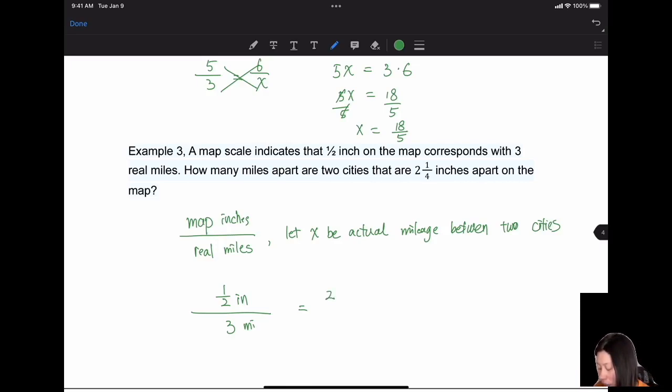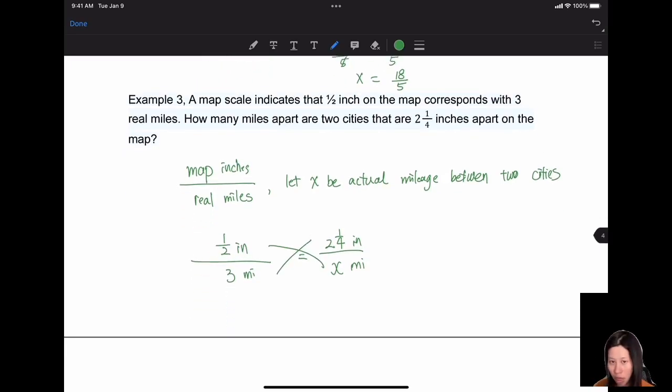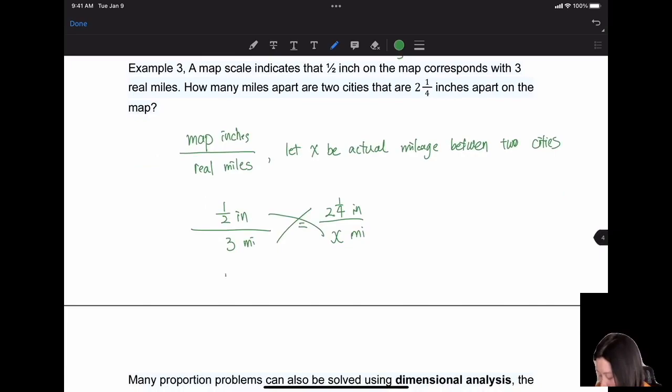So for every 2 1/4 inches, we will have x miles. Now, how do we calculate this? So you can cross multiply so that I have 1.5 x equals 3 times 2 1/4.